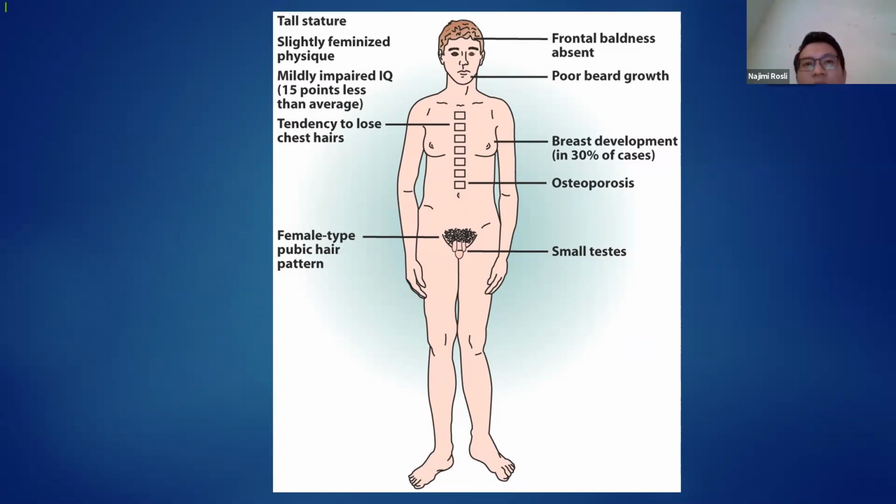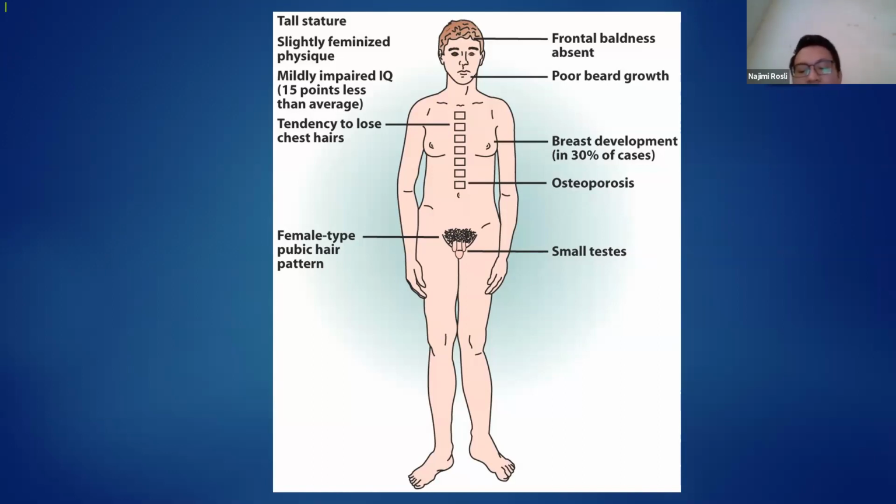The basic reason why they have delayed puberty and sexual infantilism is generally the failure of growth and maturation of the testes, which leads to males with Klinefelter syndrome having testosterone deficiency, and thus failure to produce viable sperm.